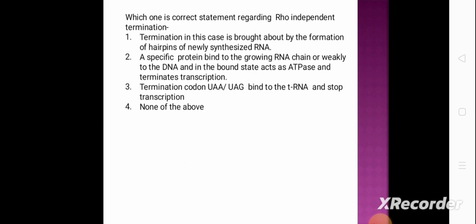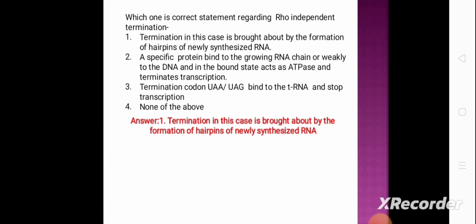Option 3, termination codon UAA or UAG binds to the tRNA and stops transcription. Option 4, none of the above. And the answer is option 1, that termination in this case is brought about by the formation of hairpins of newly synthesized RNA.